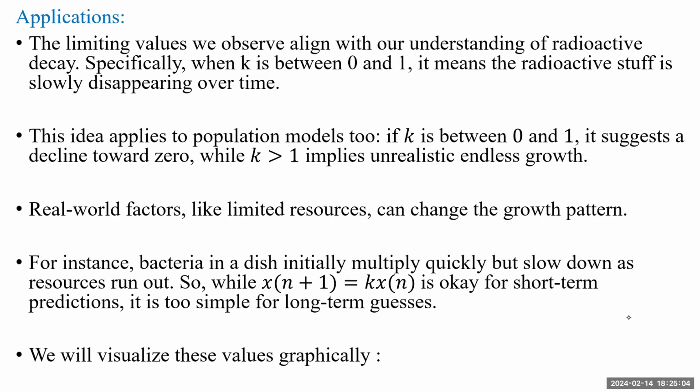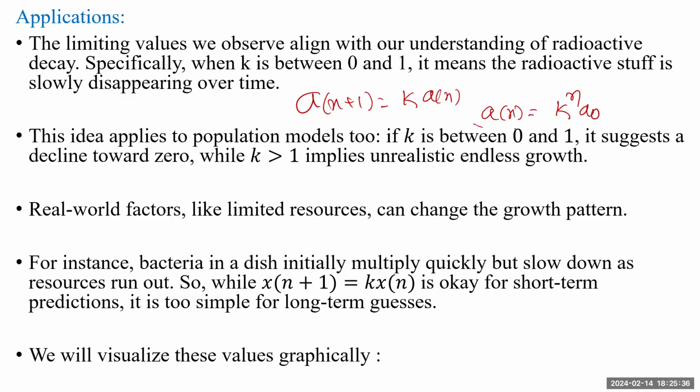We know the applications we discussed earlier, in the beginning and middle of chapter 1, right? There are a lot of applications for this. If you consider that model, A of n plus 1 is equal to k times A of n, then the solution is A of n is equal to k to the power of n times A naught.